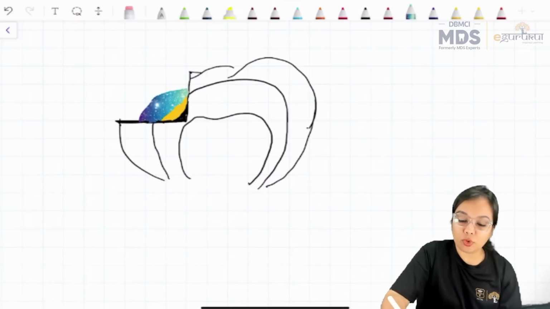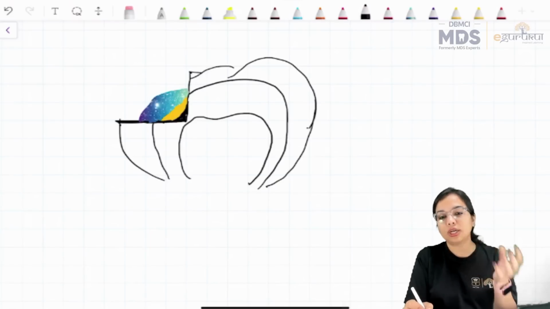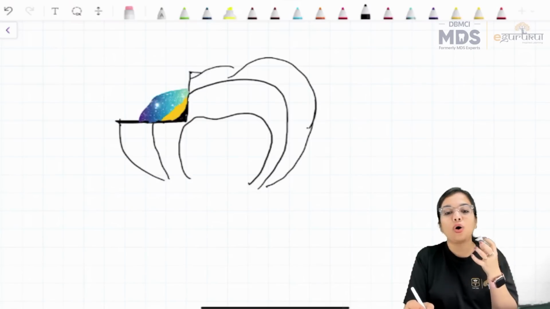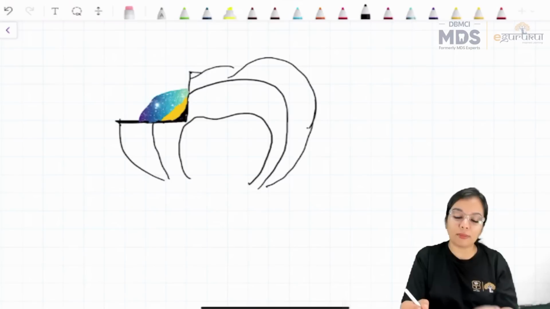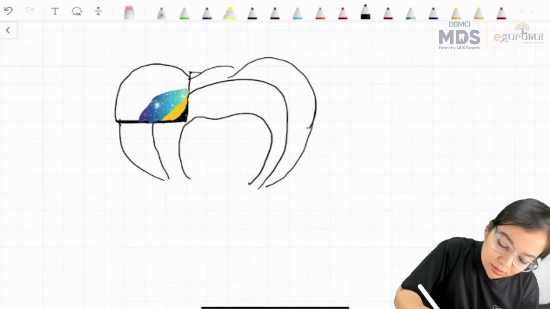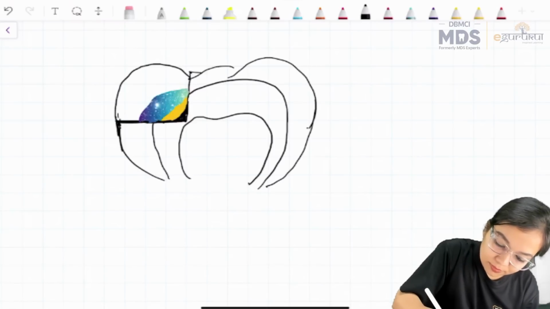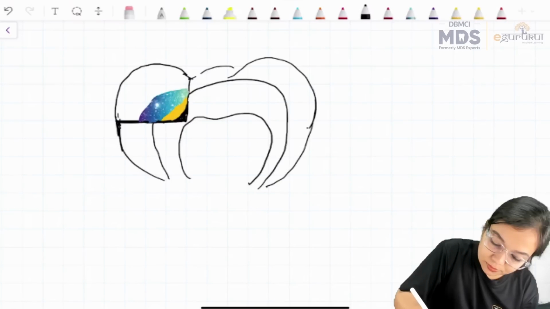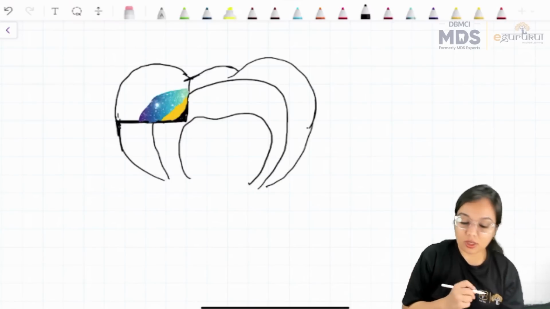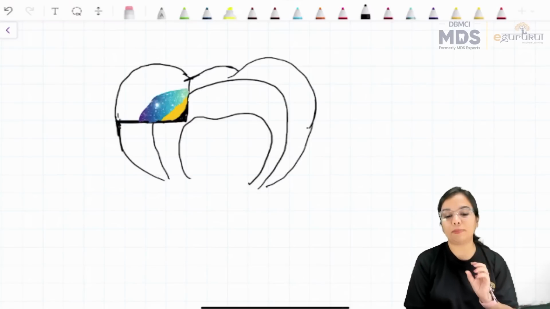And then later you took a restorative material such as GIC or composite or amalgam, and you build the remaining tooth structure. So this, dear students, is what you do in an indirect pulp capping.